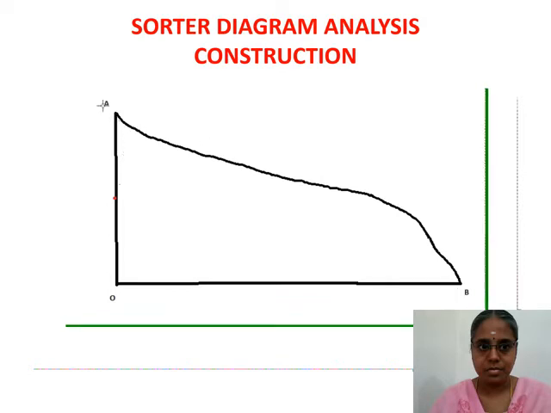After tracing, you have to mark the same notations: O here, A here and B here. Now take a midpoint Q. From that midpoint, draw a line parallel to OB which touches the curve at P dash.